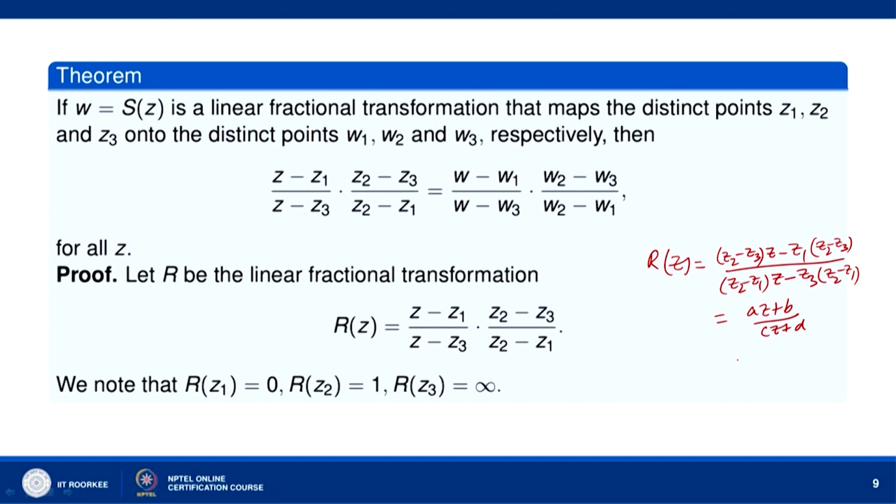They satisfy the condition that Ad minus Bc is non-zero. So, Ad minus Bc is how much here? Z2 minus Z3 into D, D is minus Z3 into Z2 minus Z1.